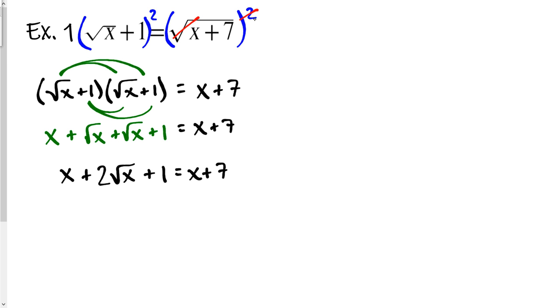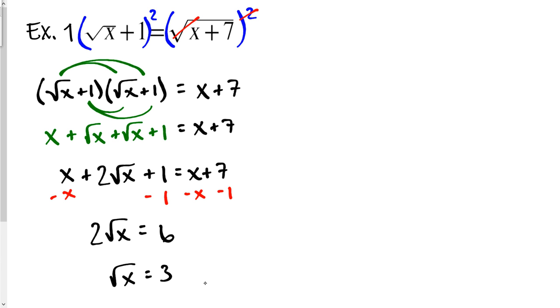So I'm going to start by saying, all right, if we're going to isolate it, let's subtract an x from each side, and let's subtract a 1 from each side. So I'm going to get 2 root x equals 6. So then I'm going to get that root x will equal 3.